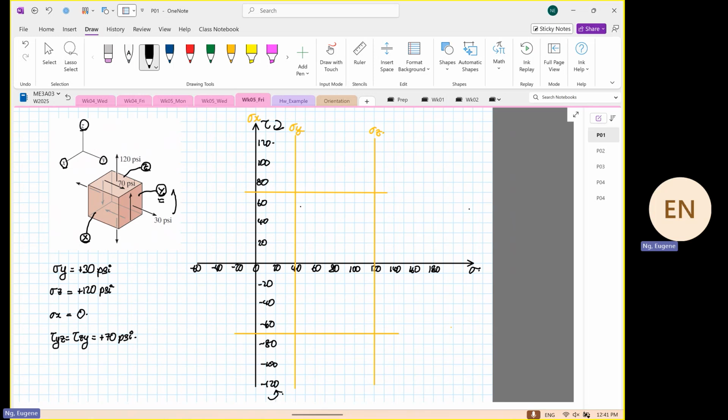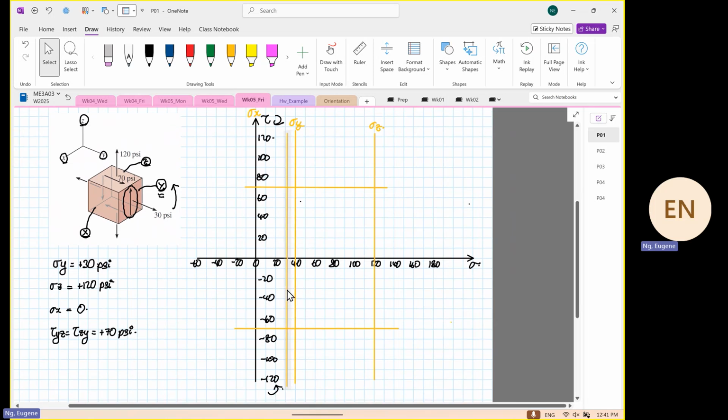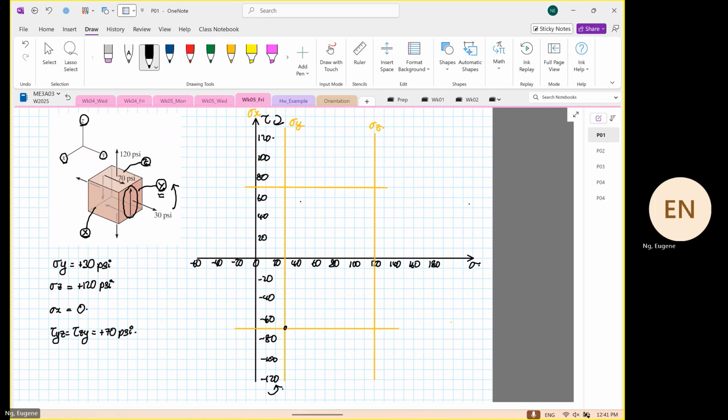The element will be rotating anti-clockwise because of this arrow going upwards. So this is our point Y. Oh, I got it wrong over here. A thousand apologies. It's minus 30. Okay, so 70 is correct. So over here, this will be your point Y.